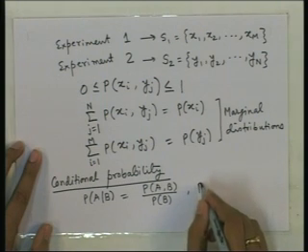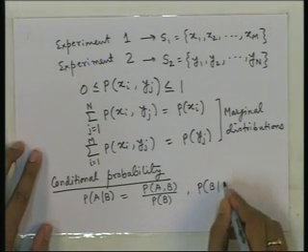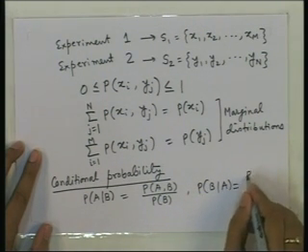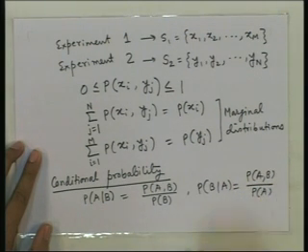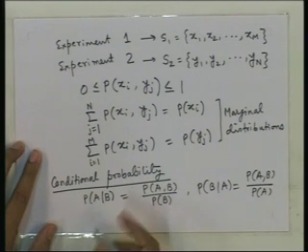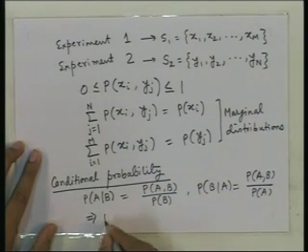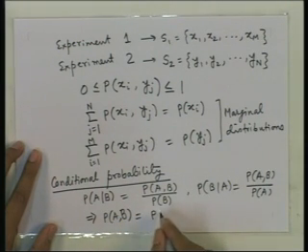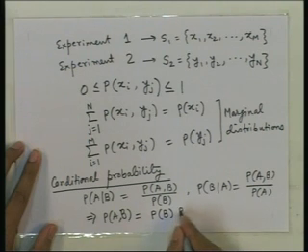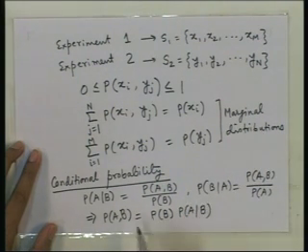Okay. Similarly, probability of B given A is probability of A and B by probability of A, and from these two one can see that we can write probability of A and B is probability of B times probability of A given B. So, this is quite expected, because what is this?